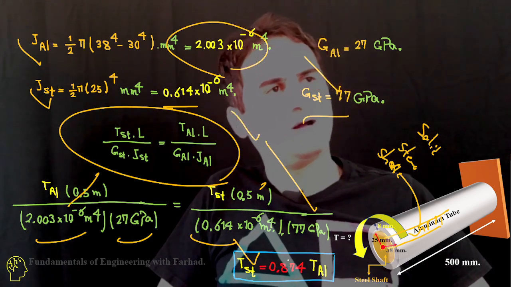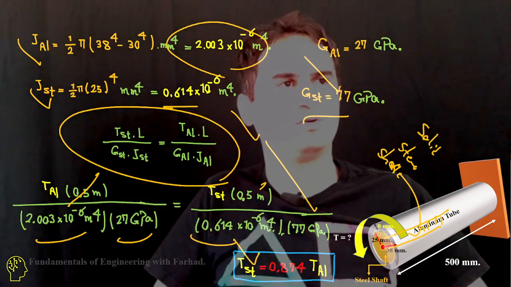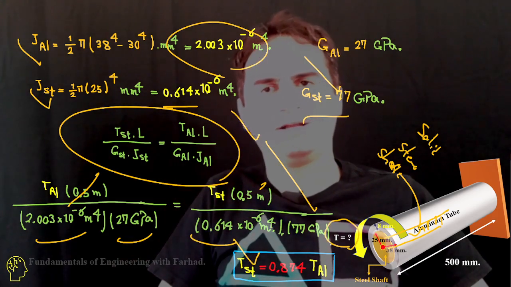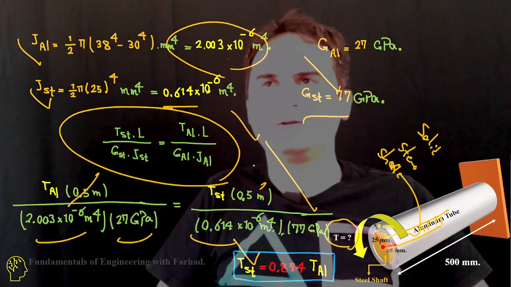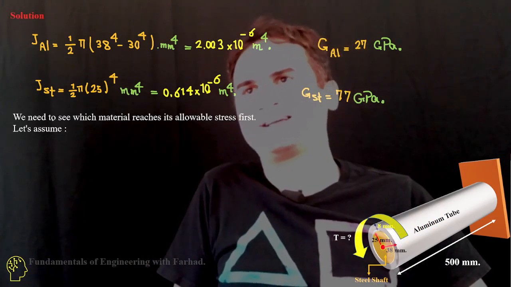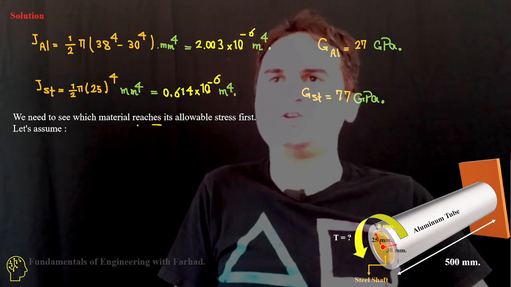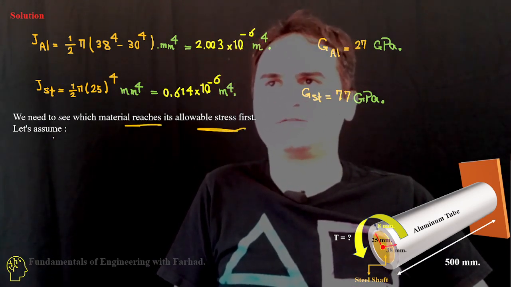So we have the equilibrium equation, which says both of them should add up to the total T, and now we have a relation between them, so we can solve our problem. Let's assume we need to see which material reaches its allowable stress first.